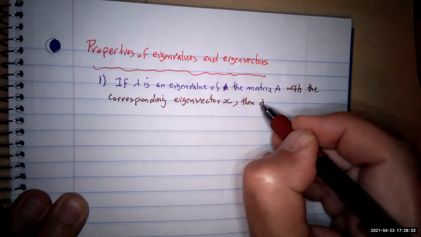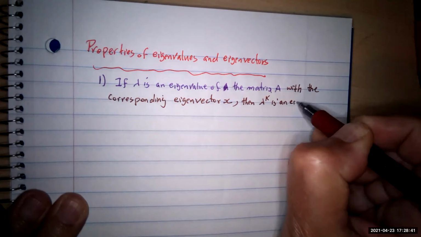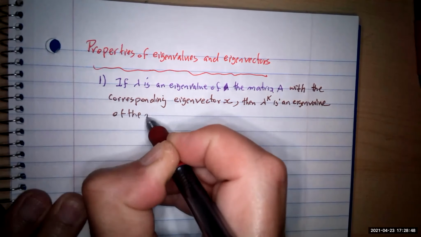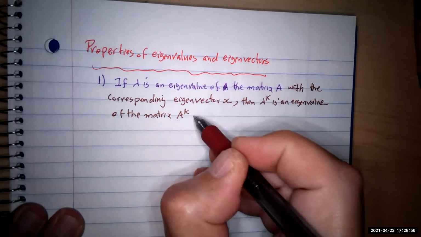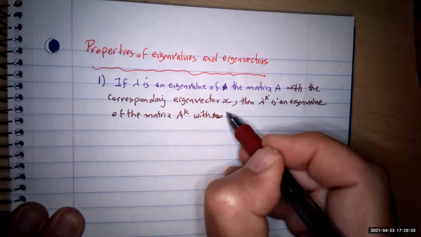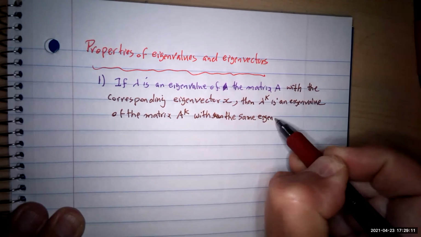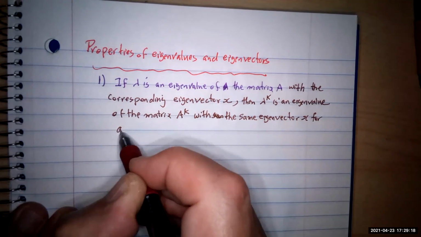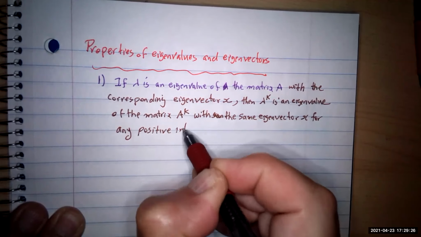Then lambda to the k, lambda squared, lambda to the third, to the fourth, lambda to the k is an eigenvalue of the matrix A raised to k, A^k, with the same eigenvector x for any positive integer k.